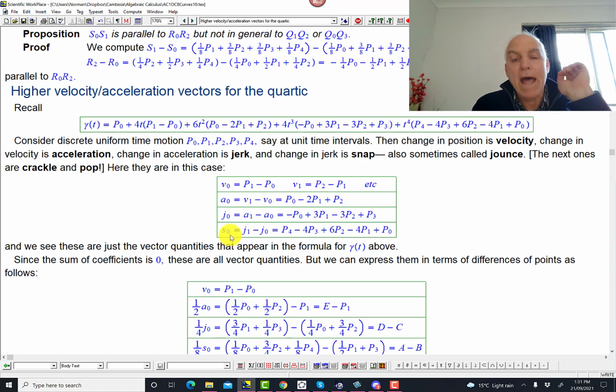Then what about snap? Well, snap is the change in jerk. So it's J1 minus J0. So we take this expression here and bump up all the indices. That'll give us J1, and subtract J0, which is what we have here. So please check that you take this thing here, bump up all the indices, and then subtract what you have here.